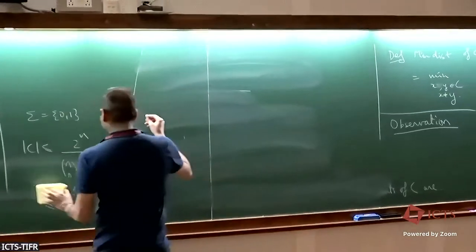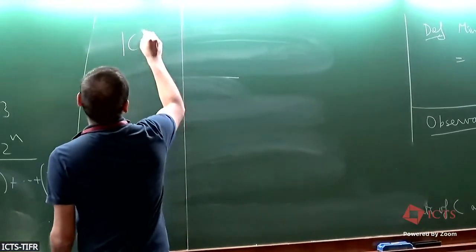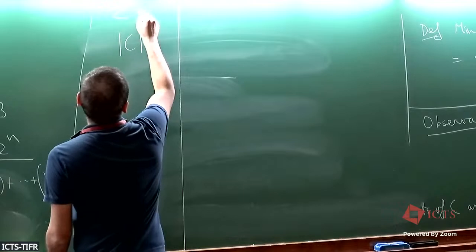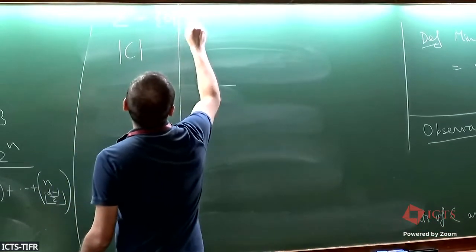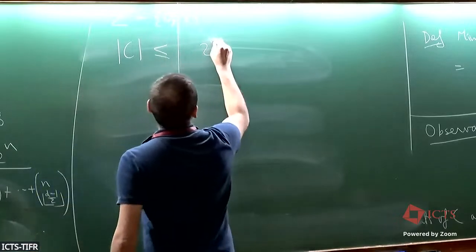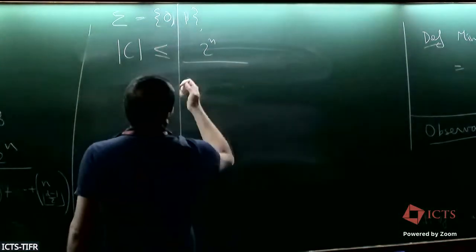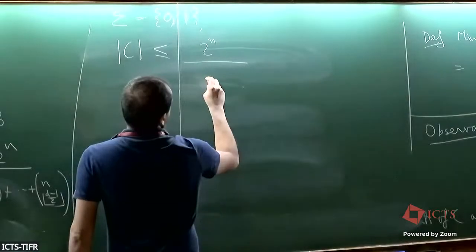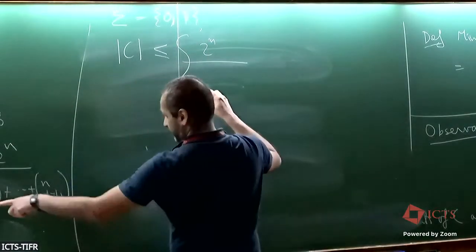We have the size of the code. So we're in, again, sigma is 0, 1. And the size of the code is at most 2 to the n divided by that volume.